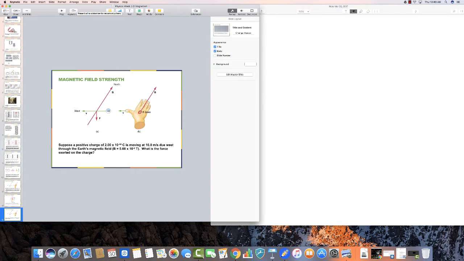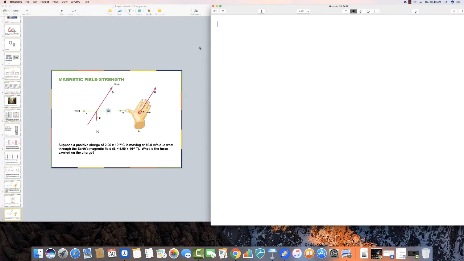So if we do this, first of all, we have Q is equal to 2 times 10 to the minus 10, positive. V is 10.0 meters per second. B is 5 times 10 to the minus 5 Teslas.